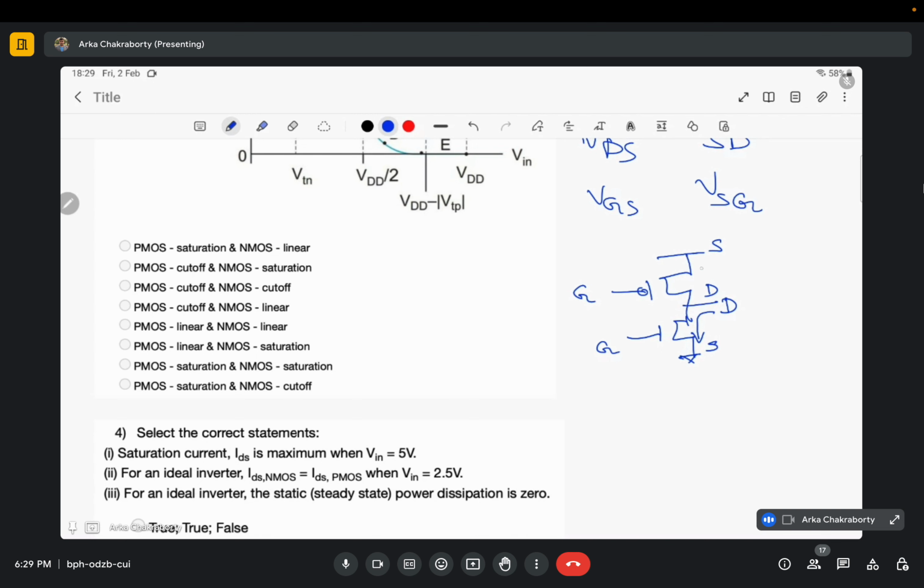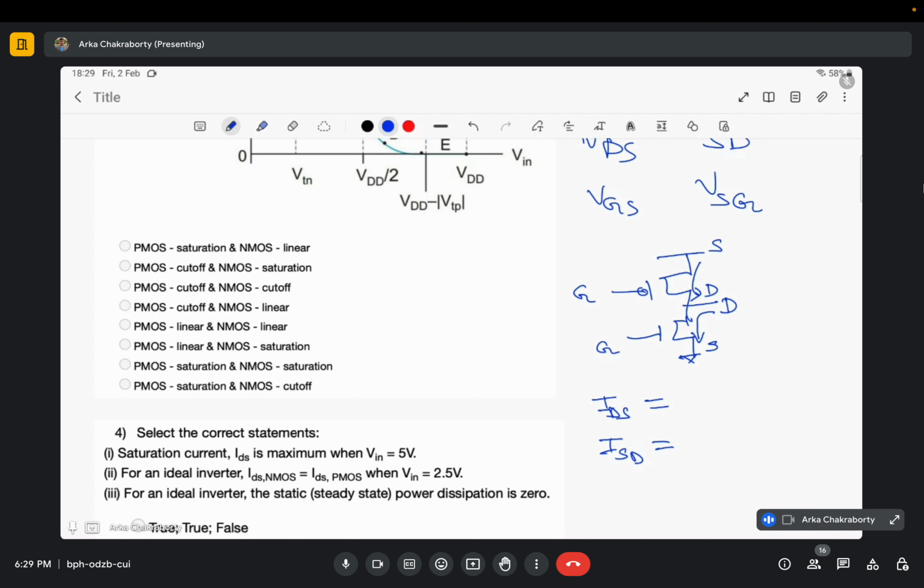And here the current is flowing from source to drain. So in NMOS we write the equation IDS equals something, and in PMOS we write ISD equals something. This is the basic convention. If you study device level physics, even circuit level physics, this is the basic thing: we say IDS for NMOS, and for PMOS it is ISD, because current flows from source to drain in PMOS, and from drain to source in NMOS.